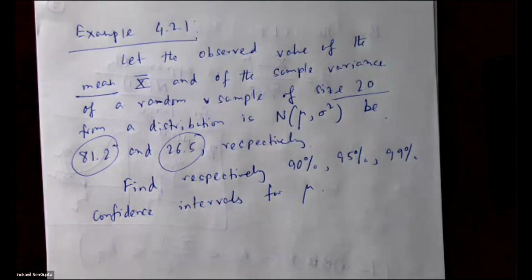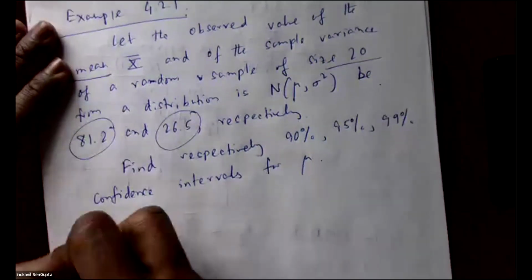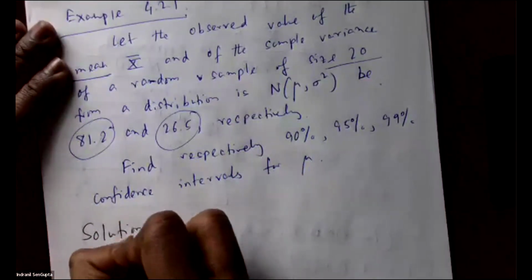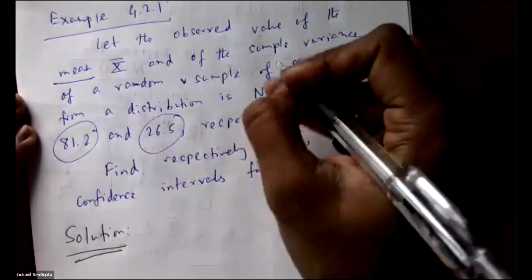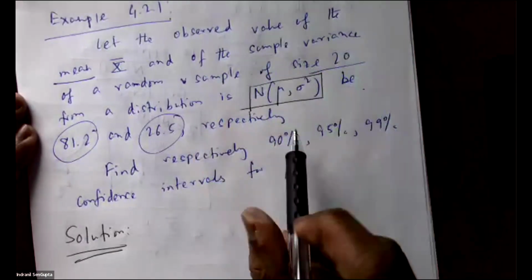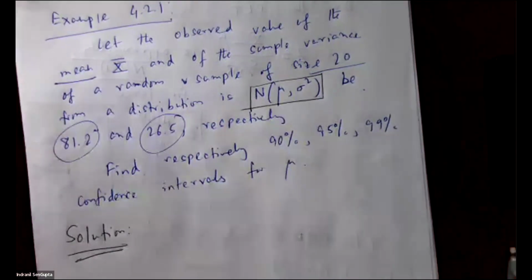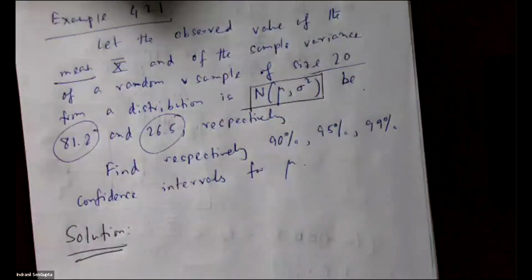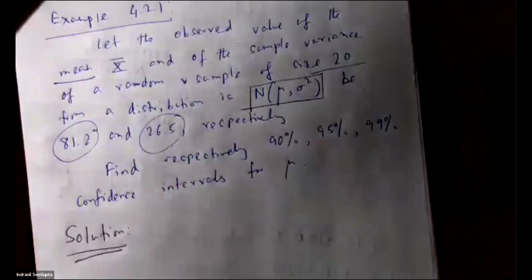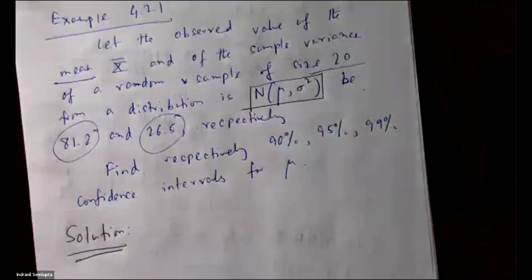Let's solve this. First of all, this is coming from a normal distribution, so we know that the original distribution is normal. So the first method should work fine. By first method, I mean the better, exact estimation.